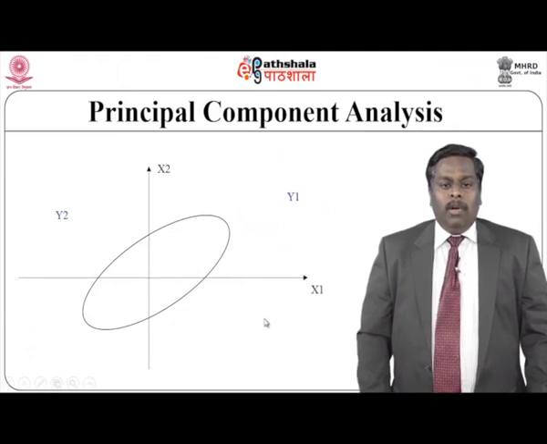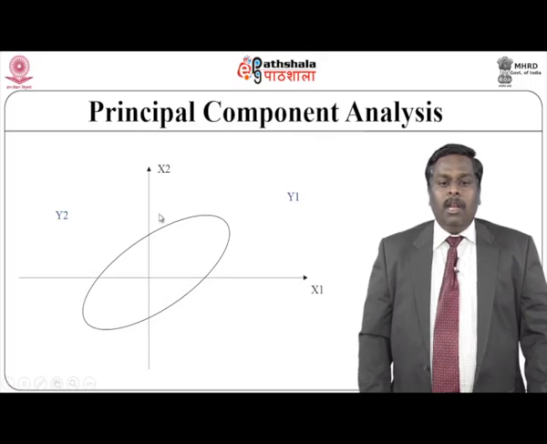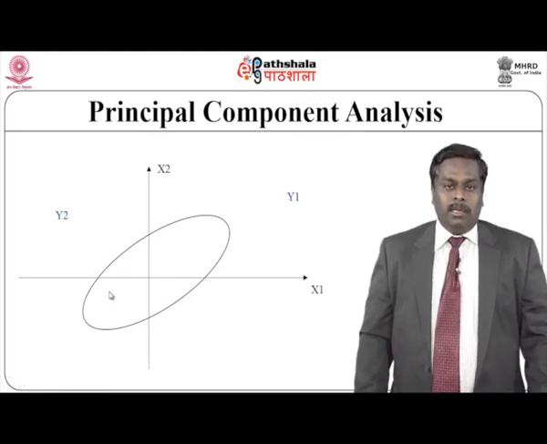Now, let us take a look at this diagram. Assume the data set consists of two dimensions, x1 and x2. The distribution of the data is given by this ellipse. So, with the two original dimensions x1 and x2, what we are trying to analyze is whether the distribution or the variance of the data is large along the x1 axis or along the x2 axis.